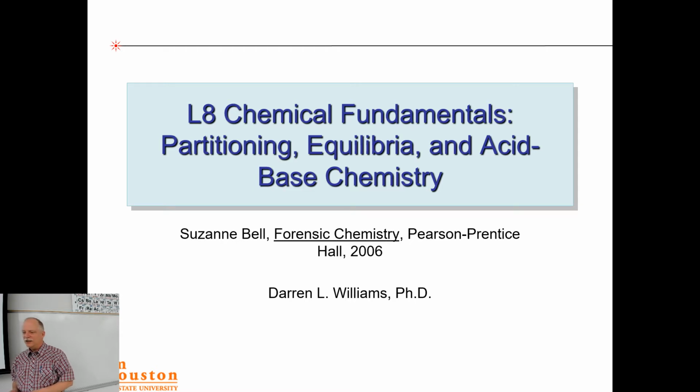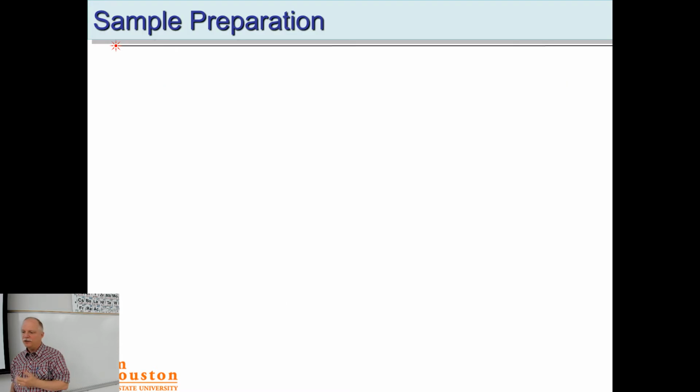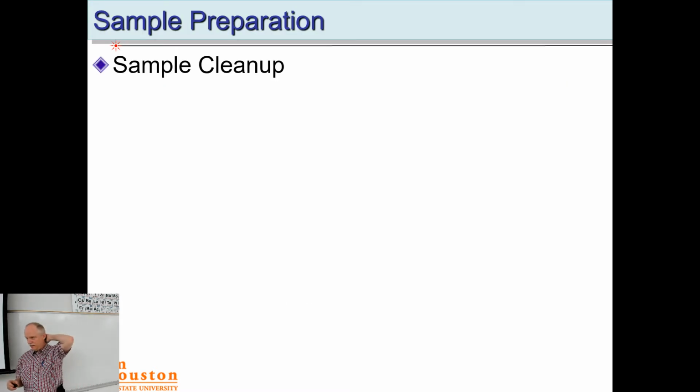So we're going to talk about partitioning, but the main tool we use for partitioning is acid-base equilibrium. This falls in the category of sample preparation. In our examples in the last section, you get these little cocaine seizures, little packets of cocaine, you think it's cocaine, but it's not pure. There's a lot of other stuff in there.